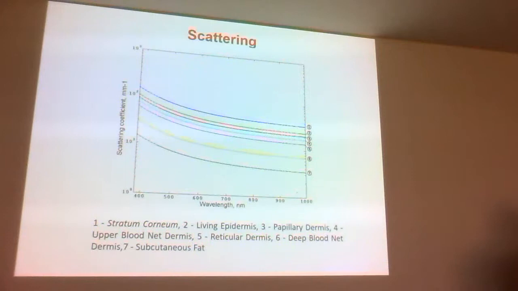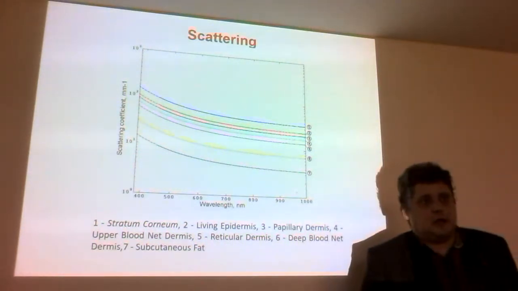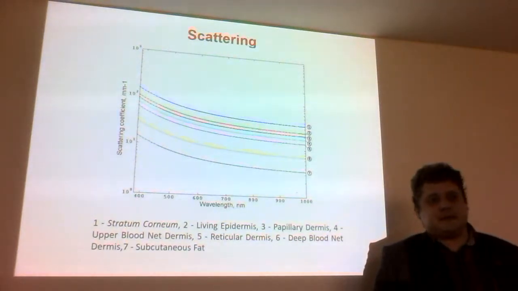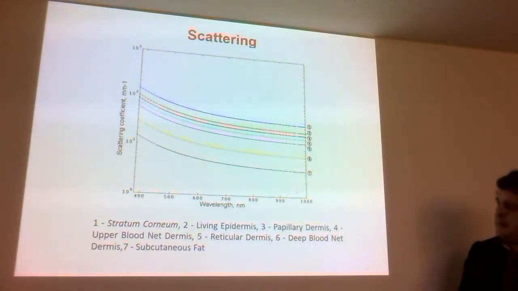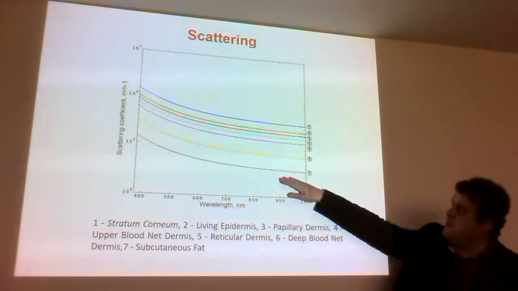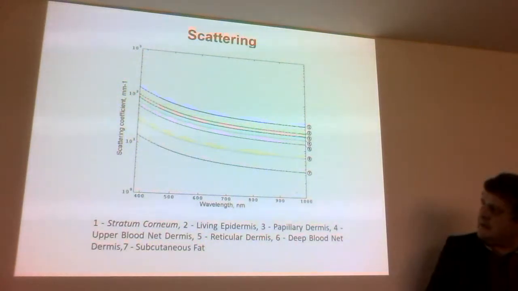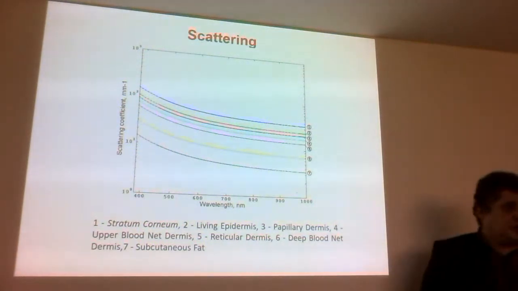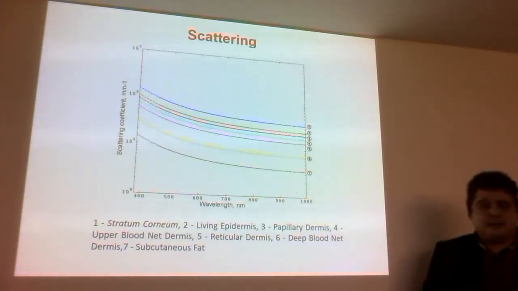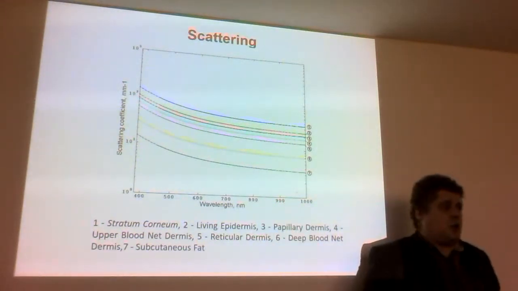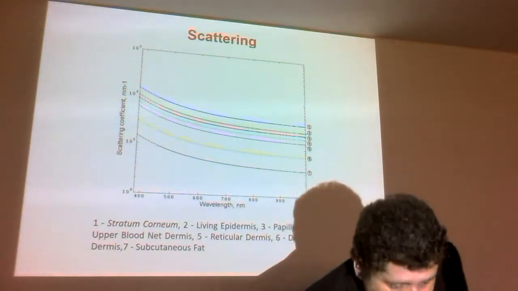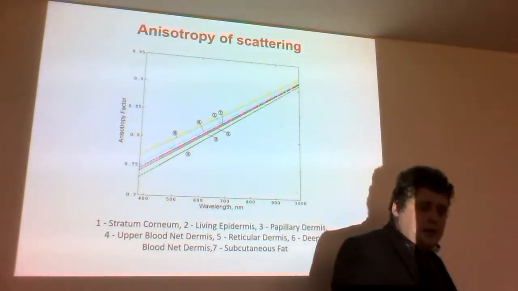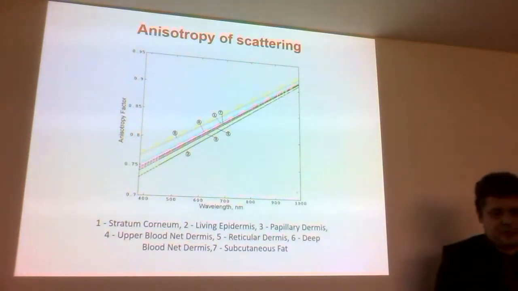By knowing the estimated scatterer size within each layer, we're able to estimate the scattering coefficient in each layer of the skin. So these parameters we can also measure with known optical techniques. And we're also able, in the same manner, to estimate the anisotropy.